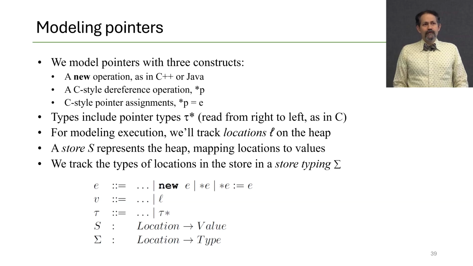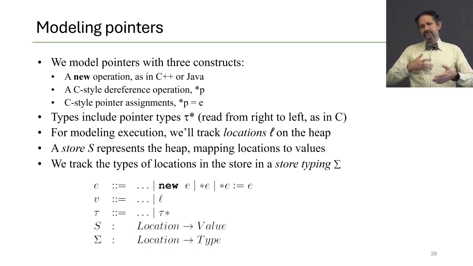The types we'll model include pointer types, T*. And we read this from right to left as in C. So T* means we have a pointer to some type T or tau in this case. In order to model execution, we'll track locations L on the heap. Imagine there's an infinite set of locations.